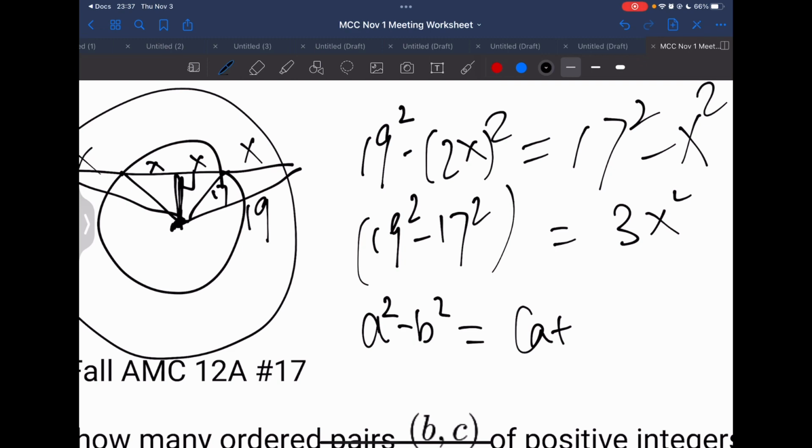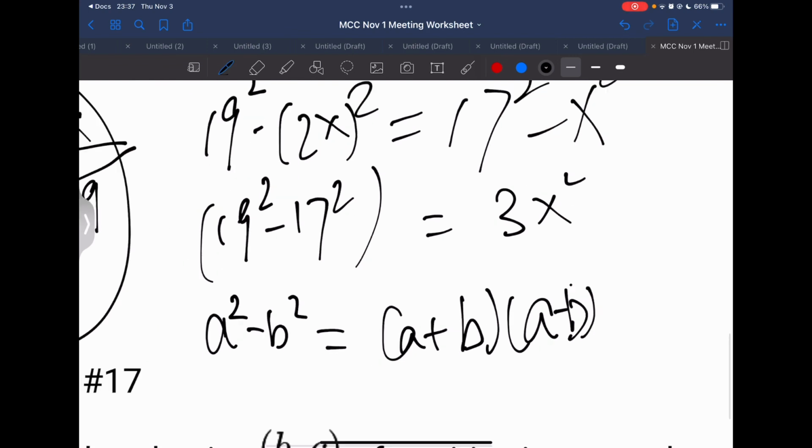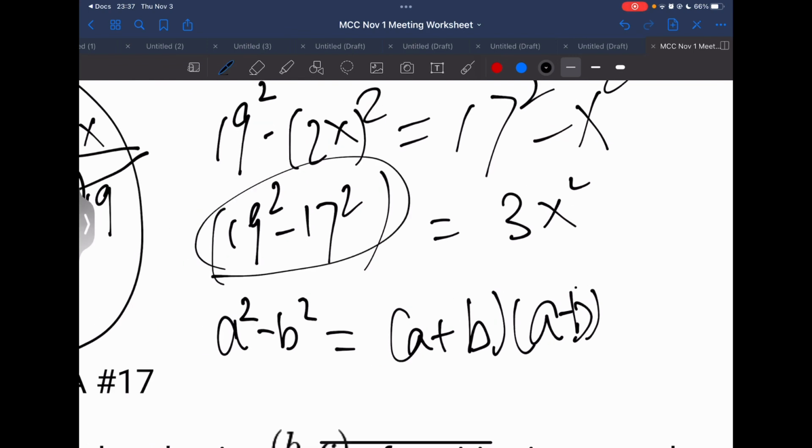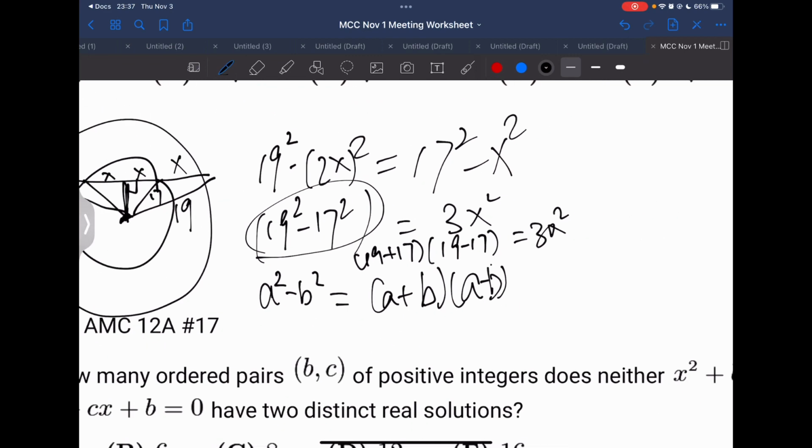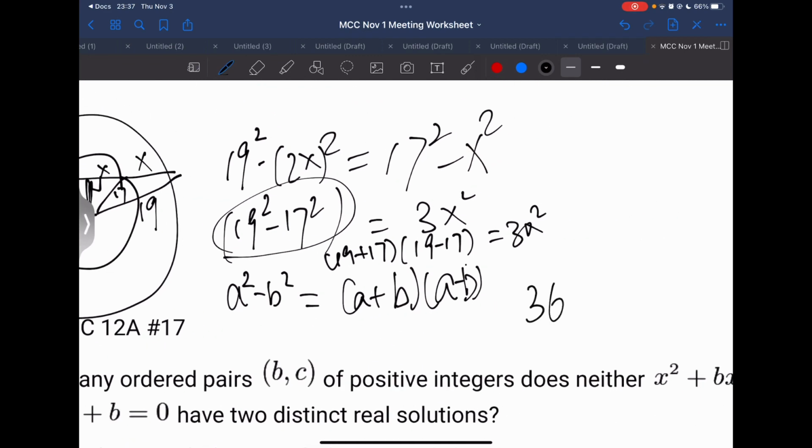this part should be 19 plus 17 times 19 minus 17 equal to 3x squared. And 19 plus 17 is 36, 19 minus 17 is 2, so 36 times 2 equal to 3x squared.